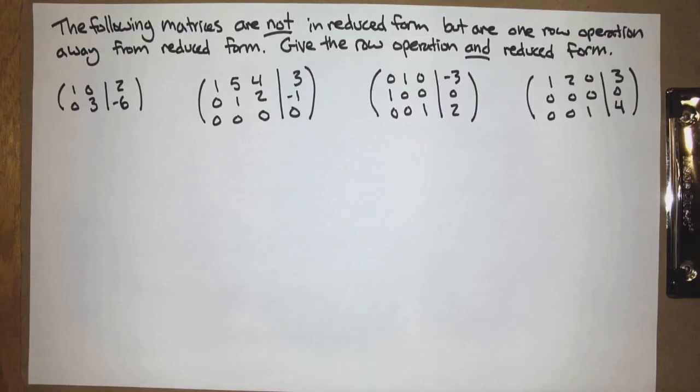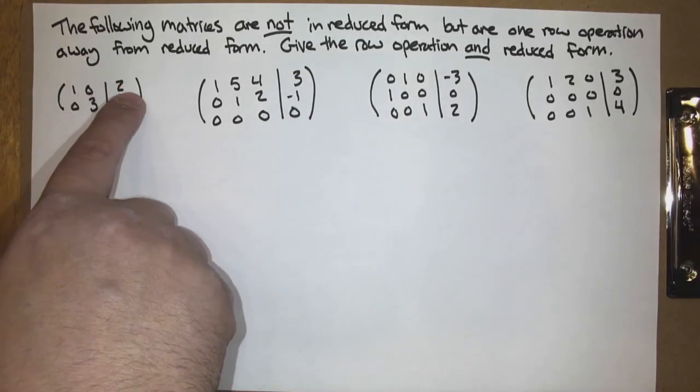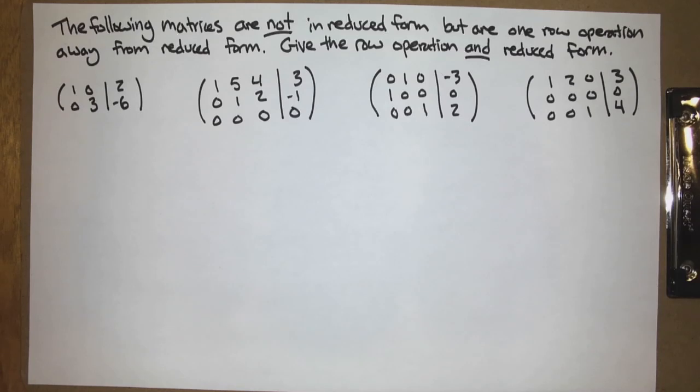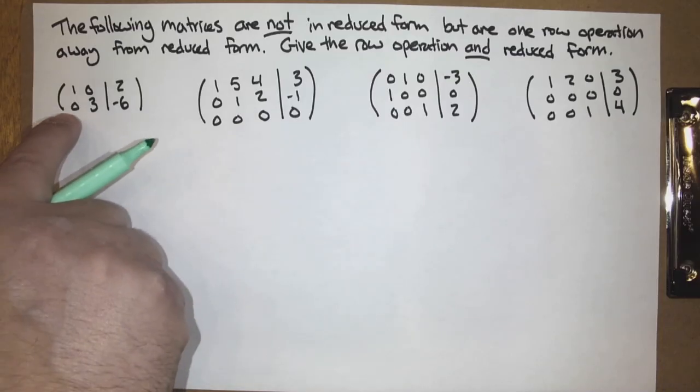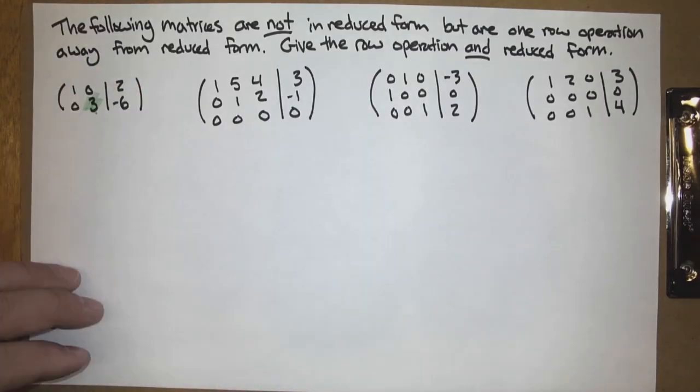All right, let's start with this left one. What's wrong with this augmented matrix where it says 1, 0, 2 in the first row, 0, 3, negative 6 in the second row? What's wrong? Yeah, this row has a non-zero, and the first entry is not a 1. So that's the issue. So we need to fix that.